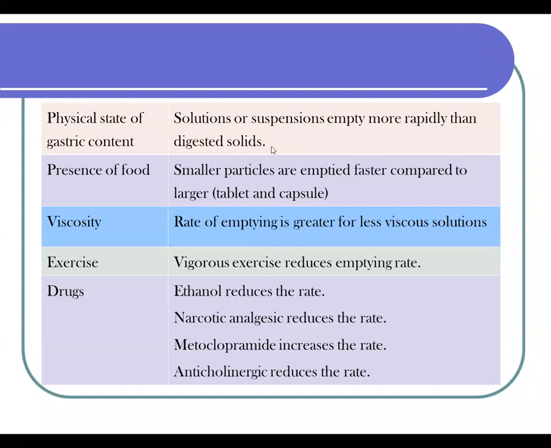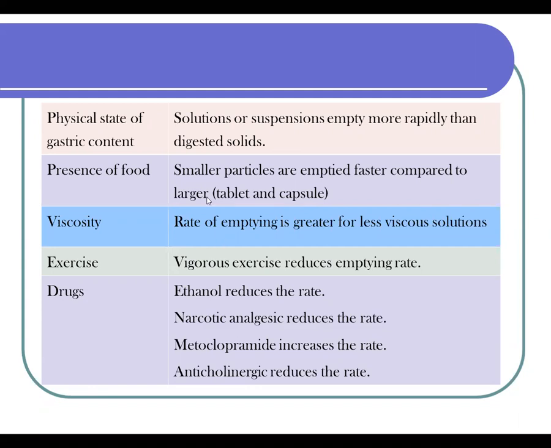So for example, if you compare the dosage forms, suspension dosage form or the solution dosage forms or your tablet, if I compare these three, the solution dosage form results in the faster emptying. So you can just correlate with this knowledge. In the presence of food, smaller particles are emptied faster, definitely, compared to the bulkier ones. An example is tablet and capsule. Compared to the tablet and capsule, your suspensions will empty faster because of the increase in the emptying rate.